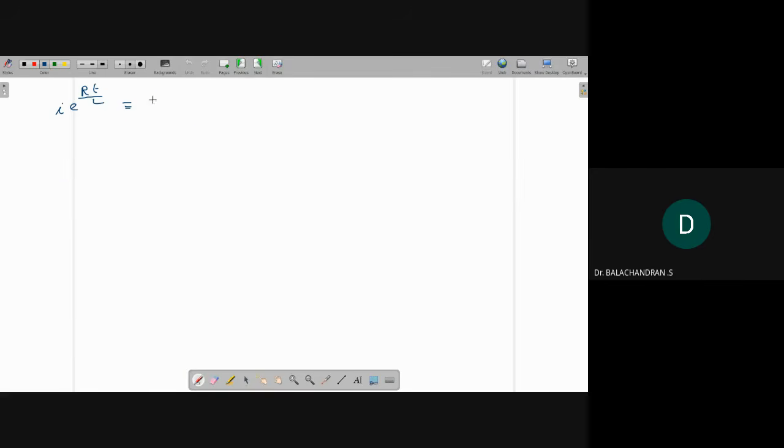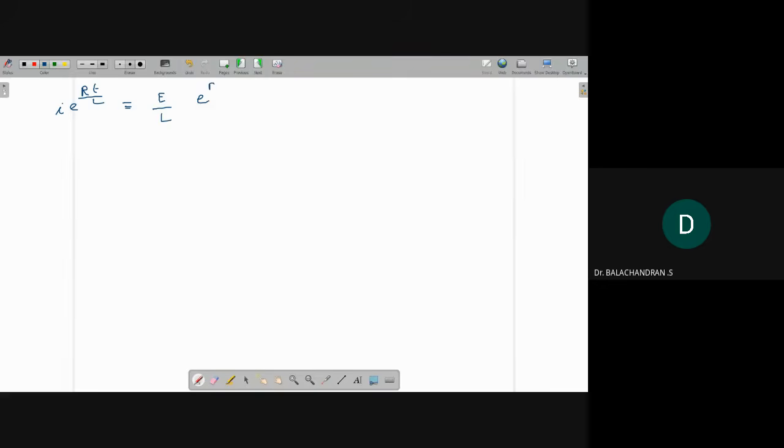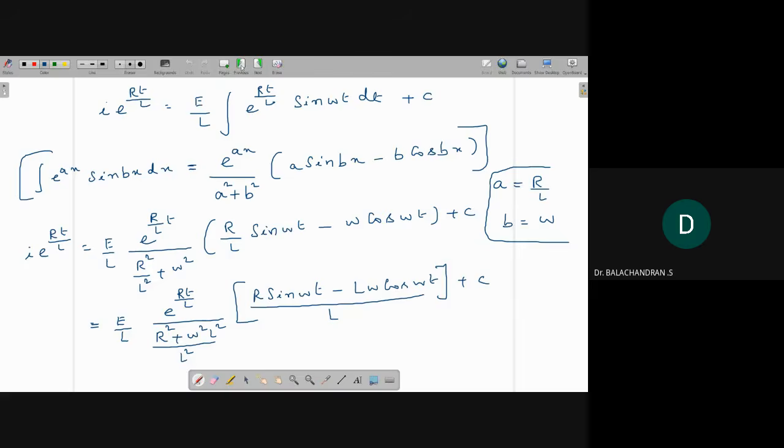Equal to E by L, e power Rt by L, divided by R square plus L square omega square.